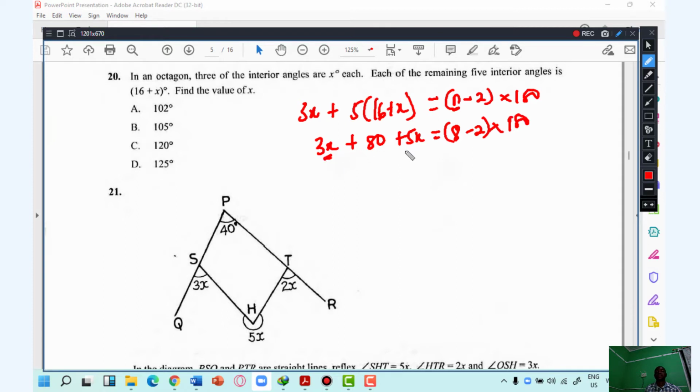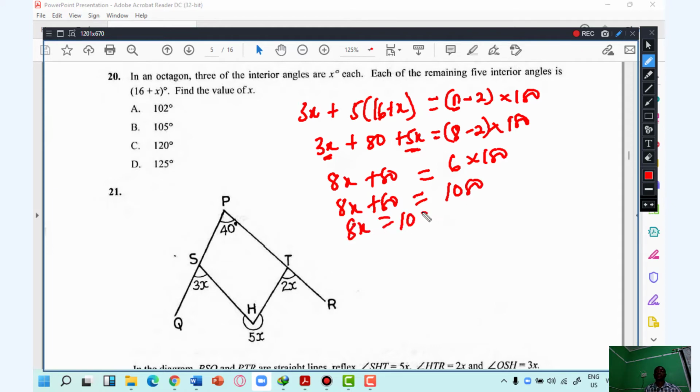So 3x plus 5x is 8x plus 80 is equal to, when you multiply this, 6 times 180. So 8x plus 80 should give us 1080. So we move this, 8x is equal to 1080 minus 80. So 8x will give us 1000. Therefore x is 1000 divided by 80.